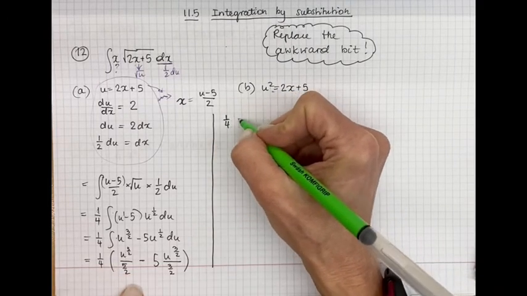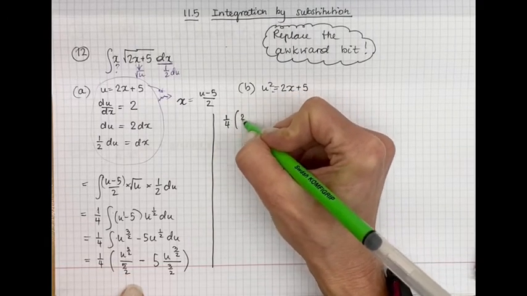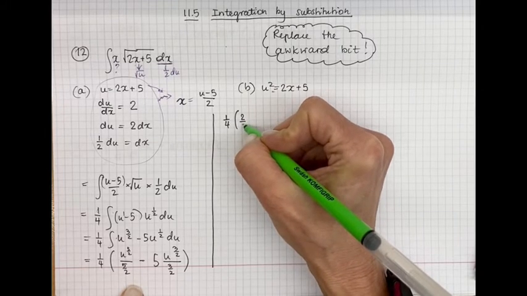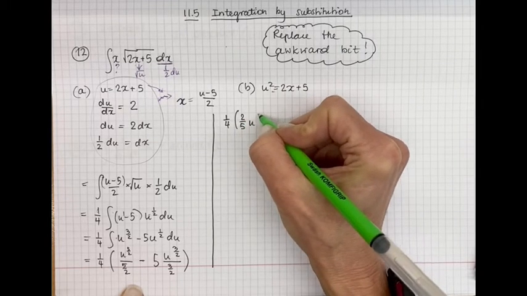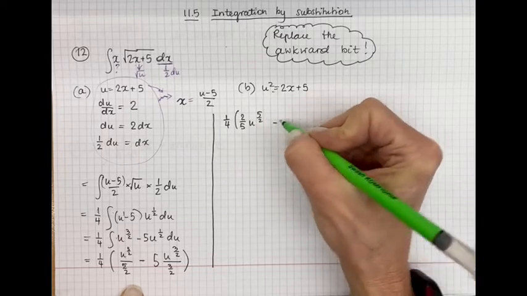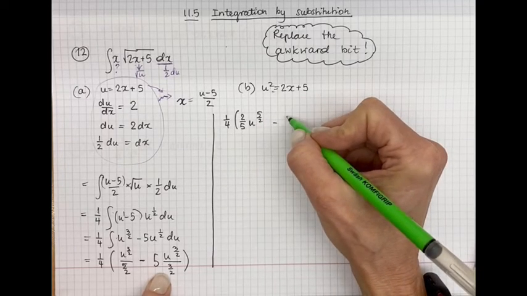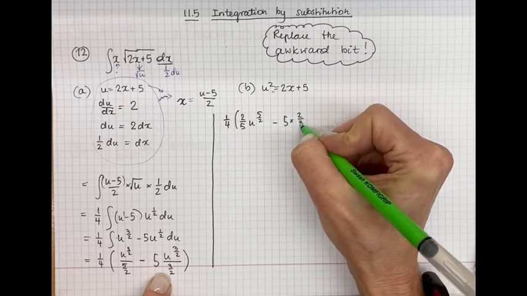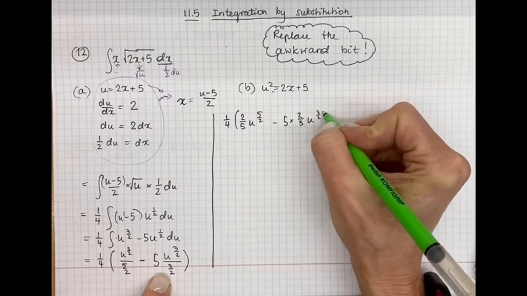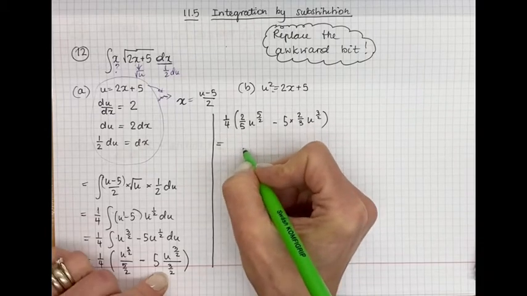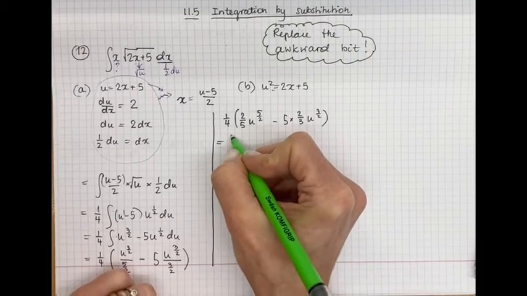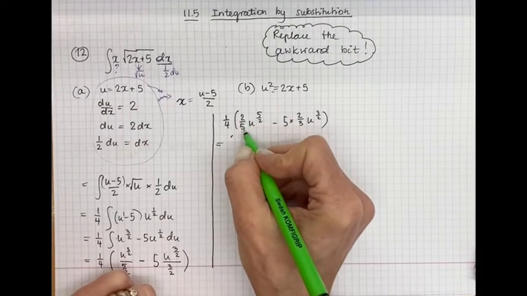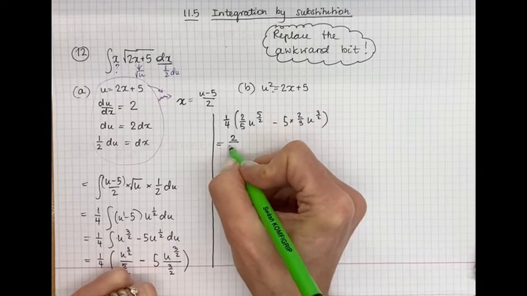Dividing by 5 over 2 makes it into timesing by 2/5, and then this one makes it timesing by 2 over 3, so it's minus 5 times 2/3 u to the power of 3 over 2. Okay, so it's going to be a quarter times 2/5, so it's 2 over 20.